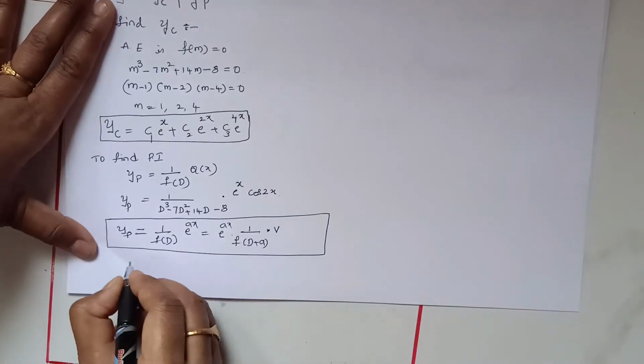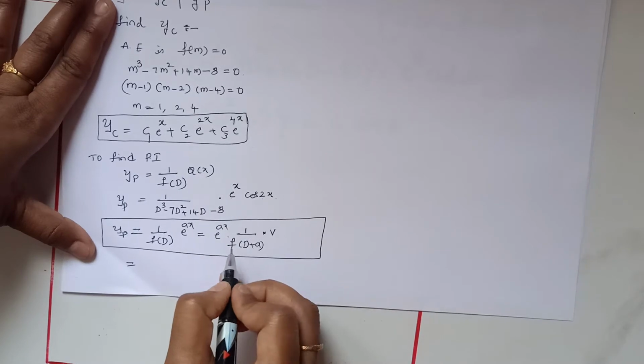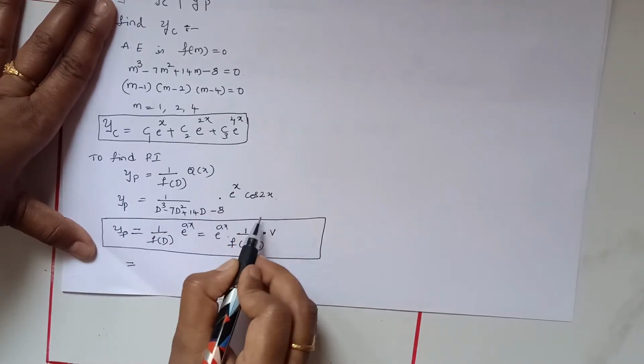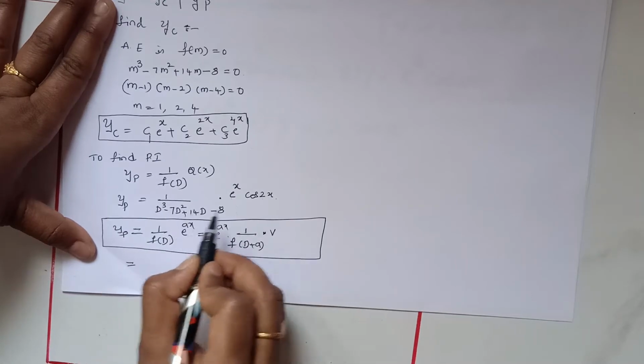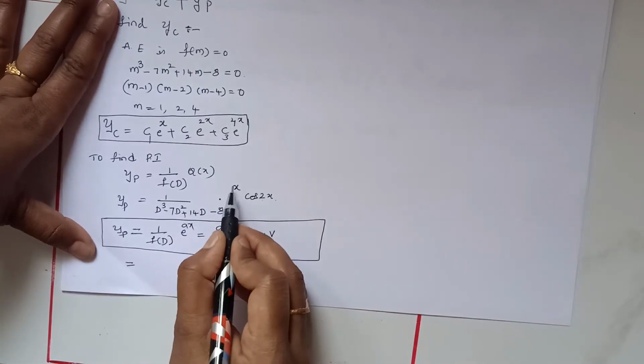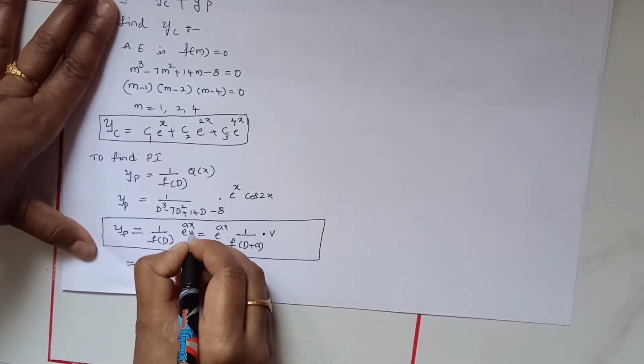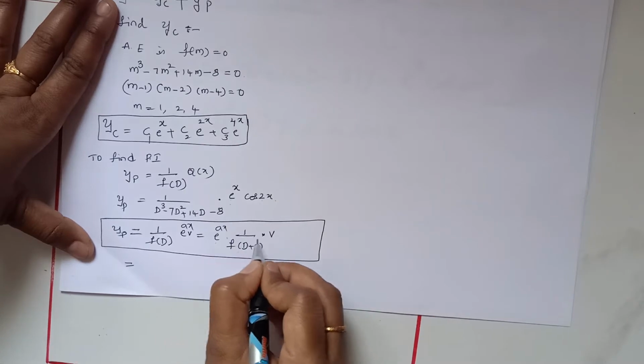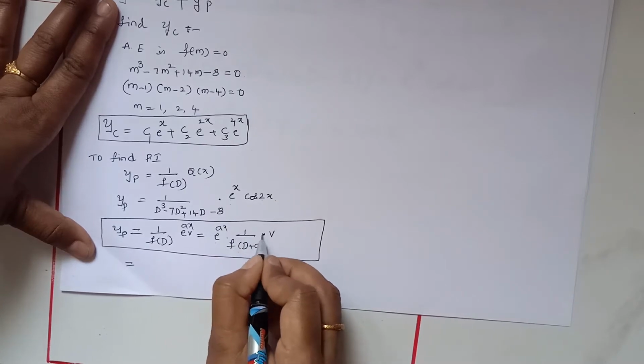So here, by using this formula, we have the form 1 by f of D into e power ax into v, which is equal to e power ax into 1 by f of D plus a into v.